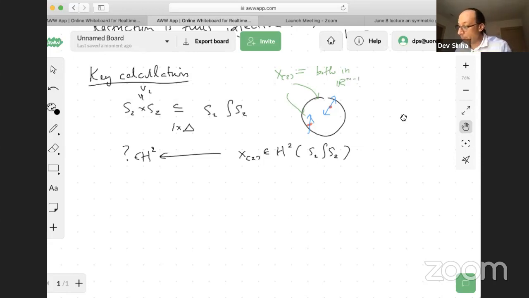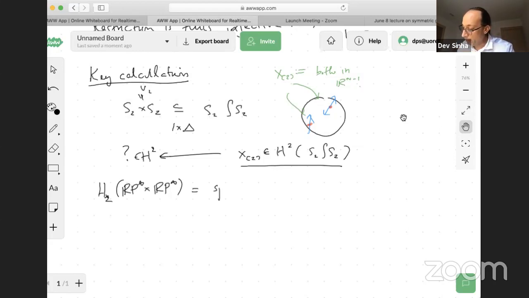And what we can do is take the homology of S2 cross S2, or Rp infinity cross Rp infinity. I'm going to just use kind of silly notation. If I care about H2, I'm going to understand how this pulls back by evaluating it on everything in H lower 2.